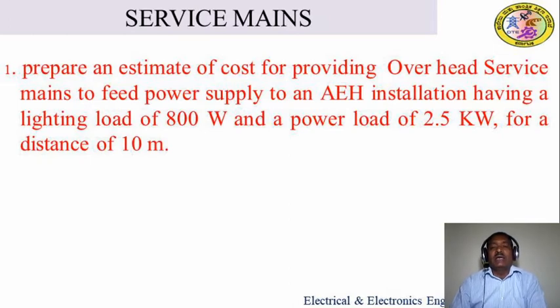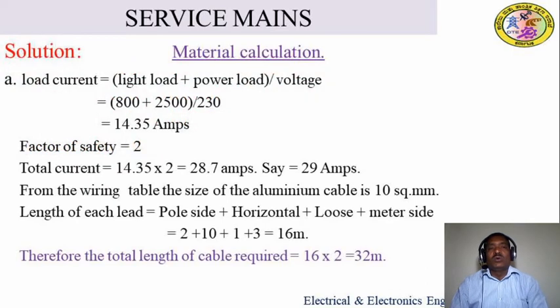It includes the lighting load plus power load, therefore we call it all electrical house wiring. So the load is 800 watts of lighting and 2.5 kilowatt of power load, and the distance is 10 meters. Now we move to the material calculations.